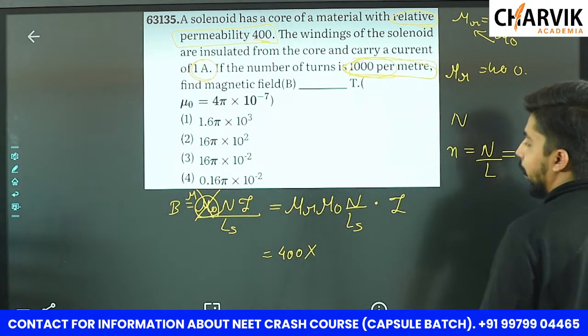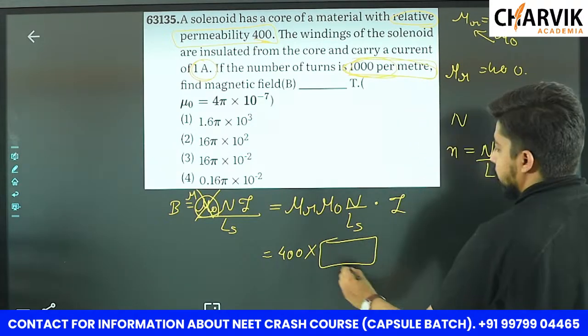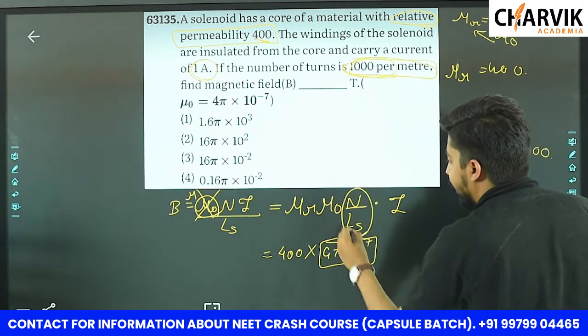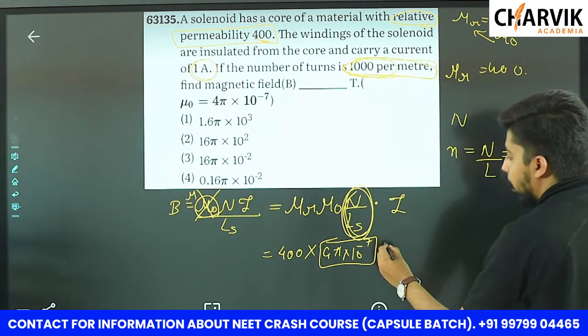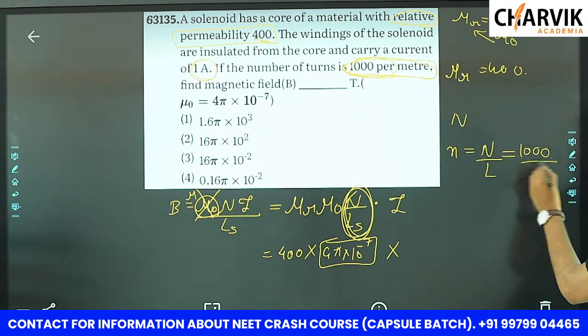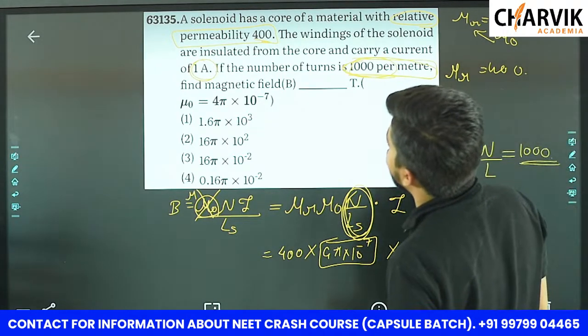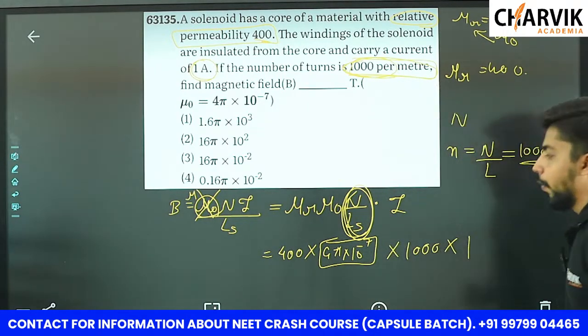You should remember the value of mu naught, which is 4 pi into 10 raised to minus 7. N upon L combined can be written as small n, and the value of small n is given, which is 1000, into the value of the current, which is also given as 1 ampere.